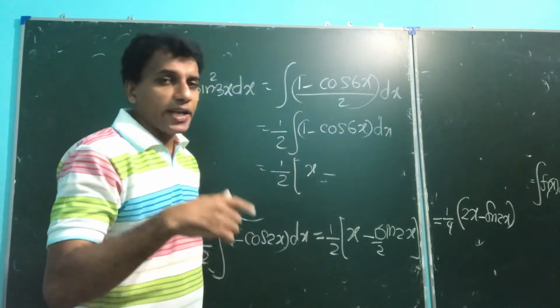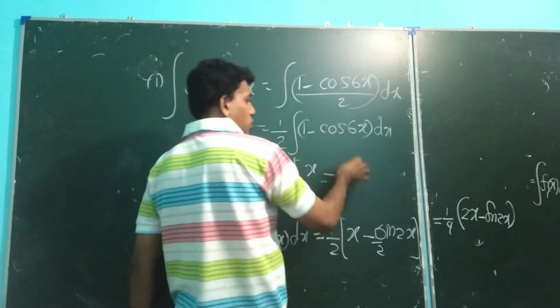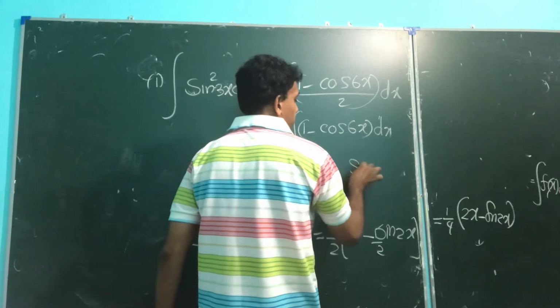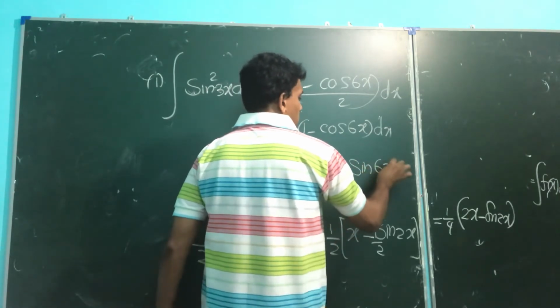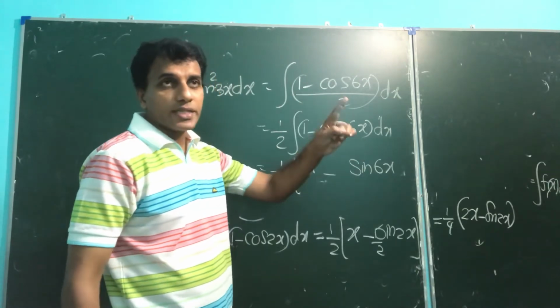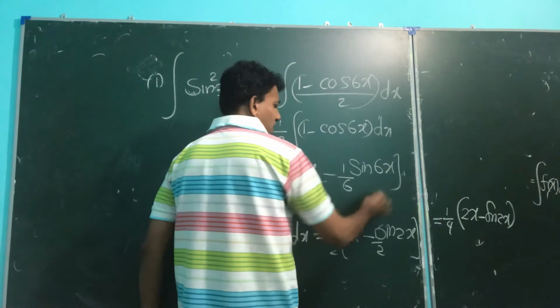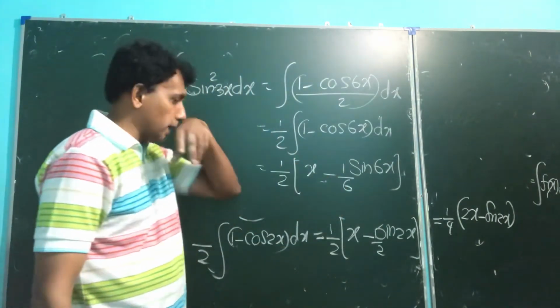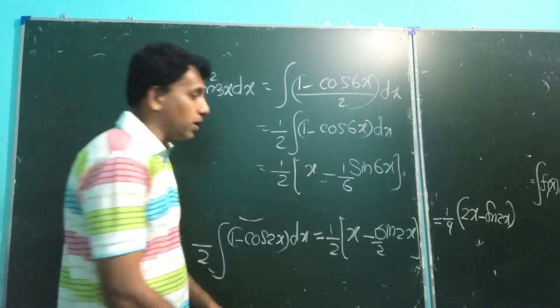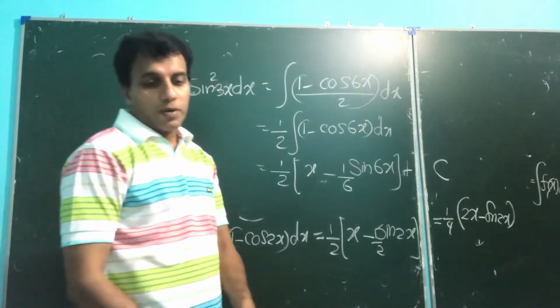Sine differentiation is cos, therefore cos integration is sine. So cos integration gives sine 6x. Then don't forget the inner function 6x. That is 6, write the reciprocal, 1 over 6, okay? That's enough, or you can take the 6 out also. Whatever, no problem. And don't miss the plus c.